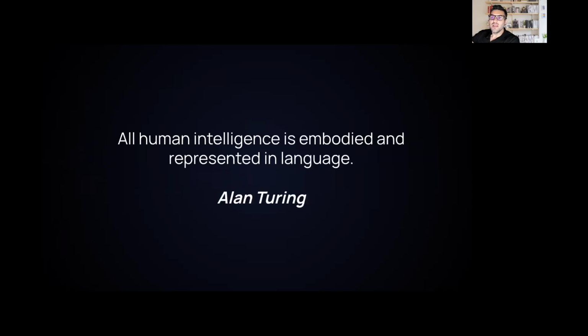So what's the big deal about generating human-like text? Why are we talking about it right now, and why is it so important? The reason is that language is not just a communication tool. It also plays a fundamental role in human cognition and intelligence. So it embodies all human intelligence.